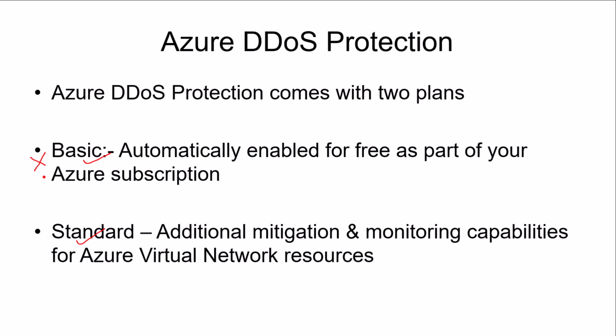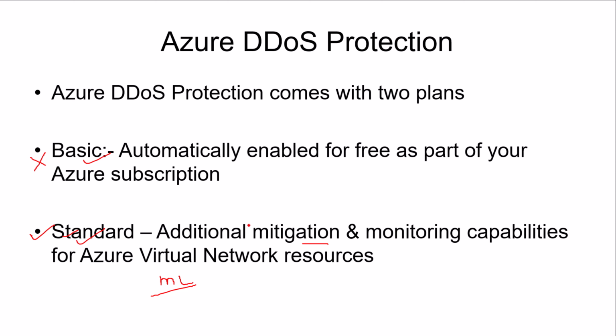But if you choose the standard, this is not a free service, so you definitely need to pay some credits to Azure to enable it. It is very useful in mitigating and monitoring resources related to your Azure virtual networks, and it even uses machine learning algorithms to detect the condition of the traffic at this moment.